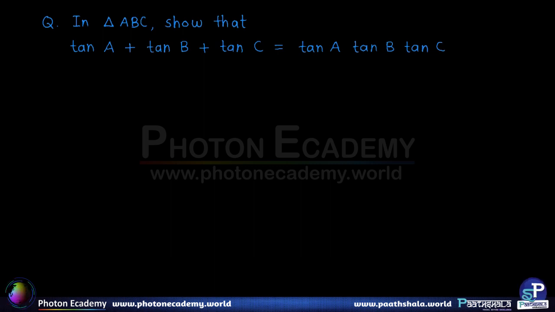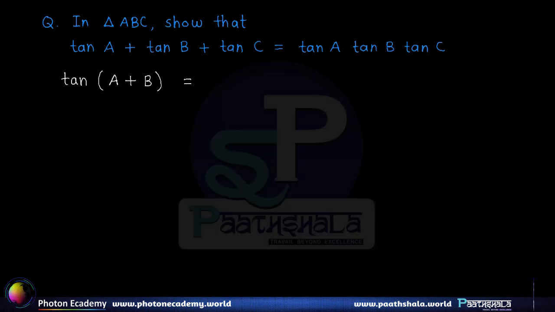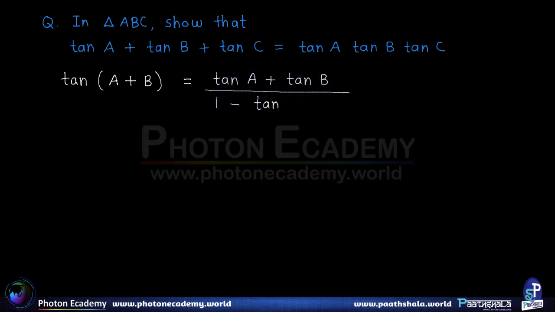Now here we use one simple fact, that if we consider tan(A + B), that can be written as (tan A + tan B) upon (1 − tan A tan B). That we already know as an identity.